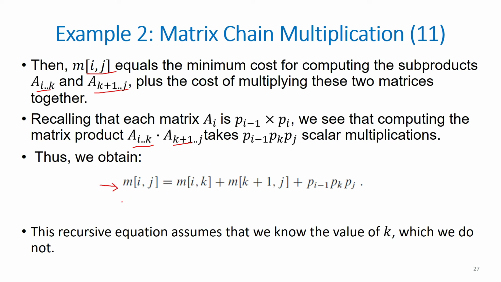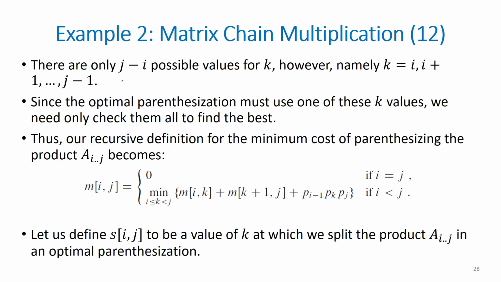Therefore, the minimum number of scalar multiplications for the chain Ai to Aj would be the minimum number of scalar multiplications for the subchain Ai to Ak and the subchain Ak+1 to Aj and the product of these two subchains. This recursive equation, however, assumes that we know the k value of the optimal split, but in fact, we do not know this value.